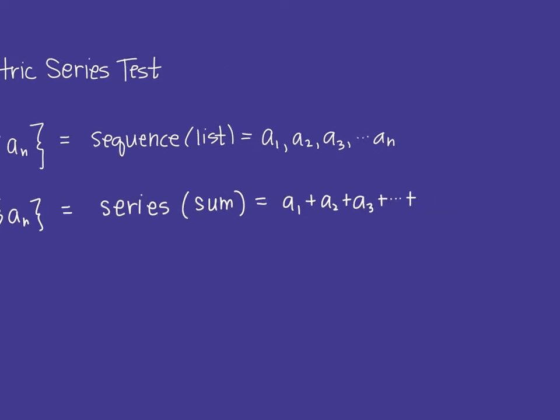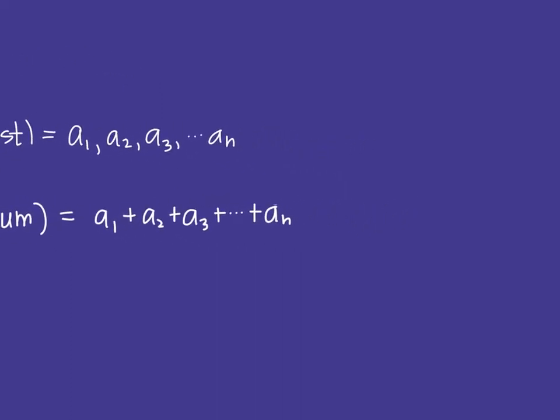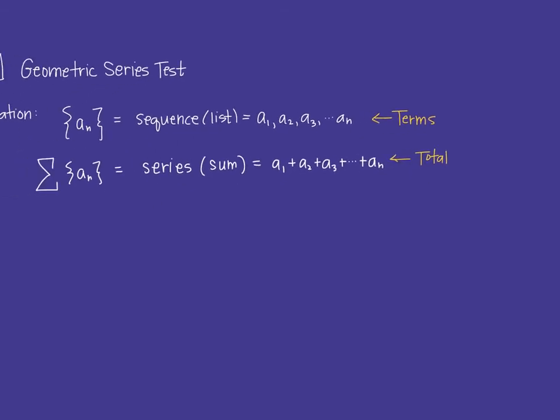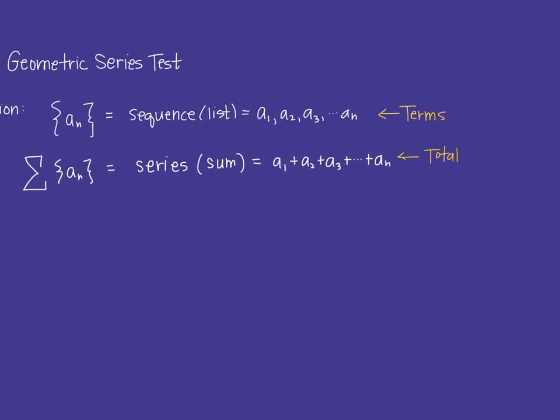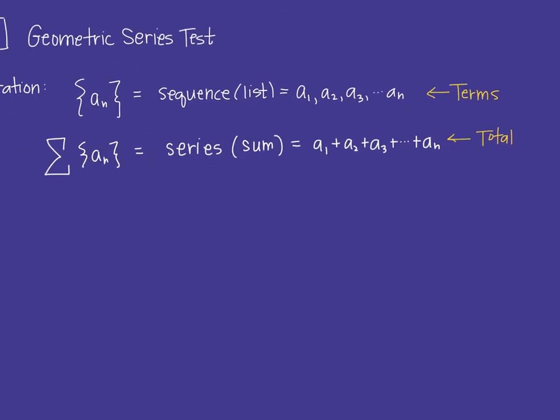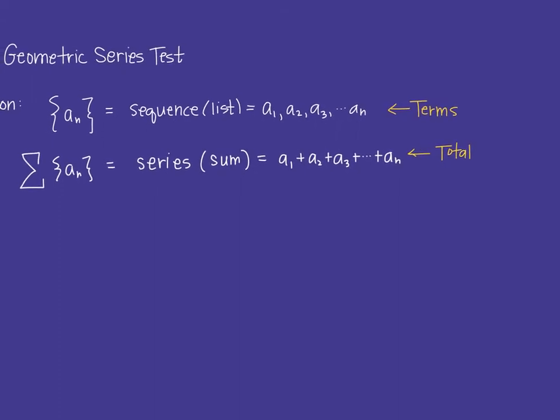So it's a total. So sequences, series, two letters that start with S. Another way you can think of it is two letters that start with T. These are terms. This is a total. So just so you understand the notation that we're talking about, of which is which.